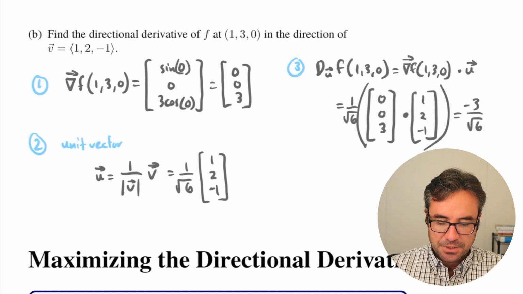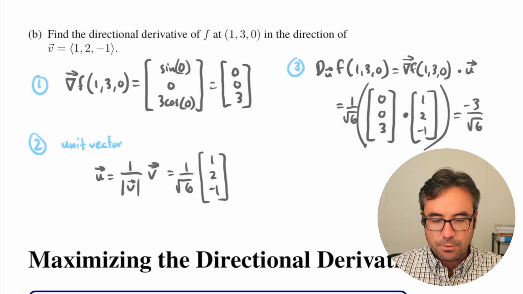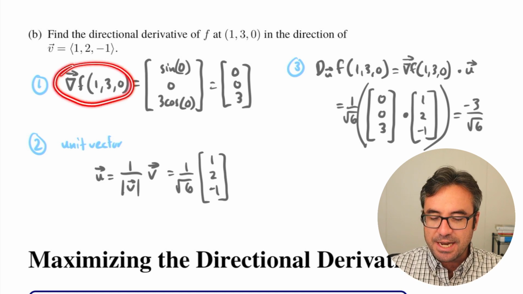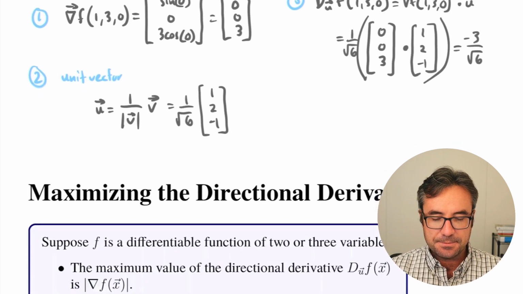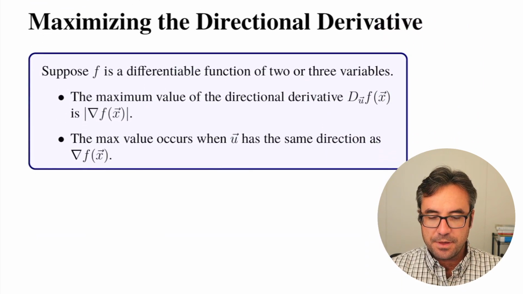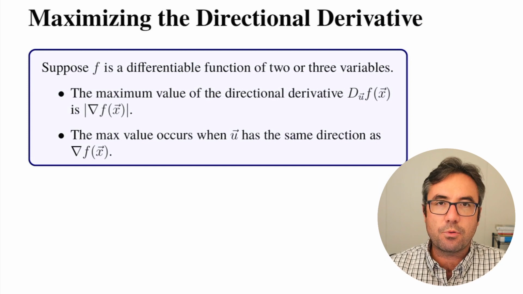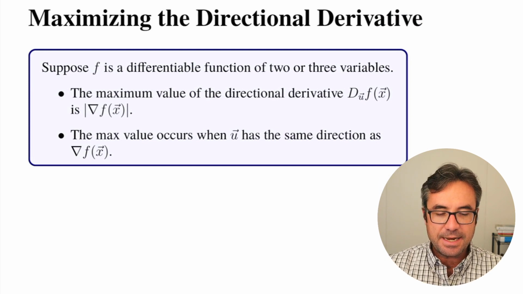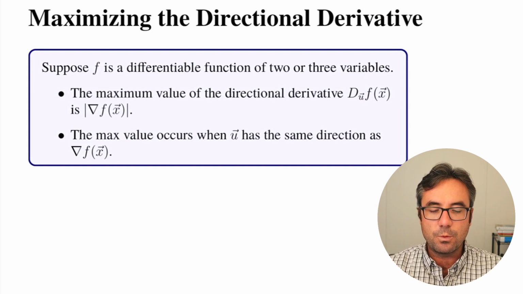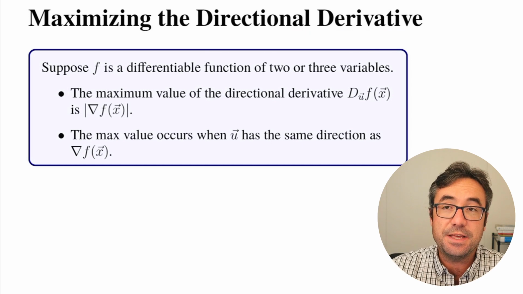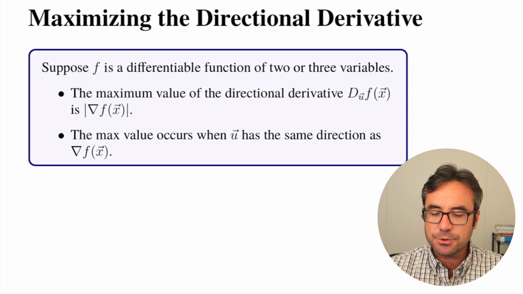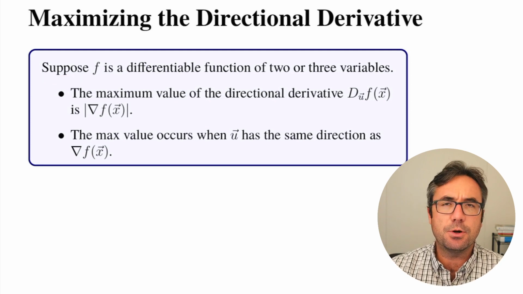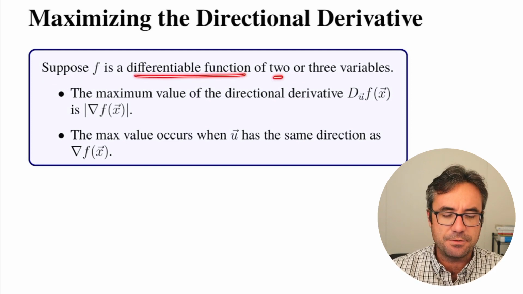All right, so this gradient gadget we're going to see is actually pretty important. And one of the important properties of it is that it gives us information about where our directional derivative is a maximum. So we have this result that says, let's suppose f is a differentiable function of 2 or 3 variables.